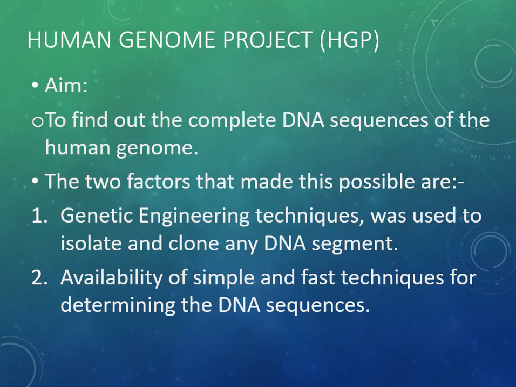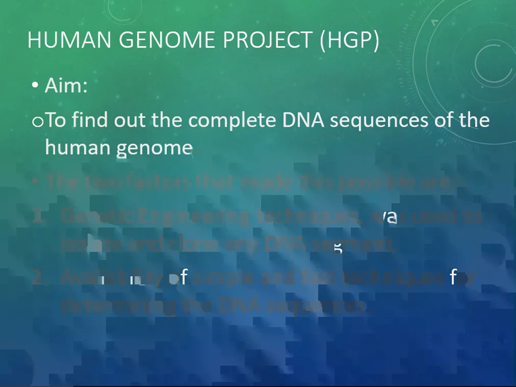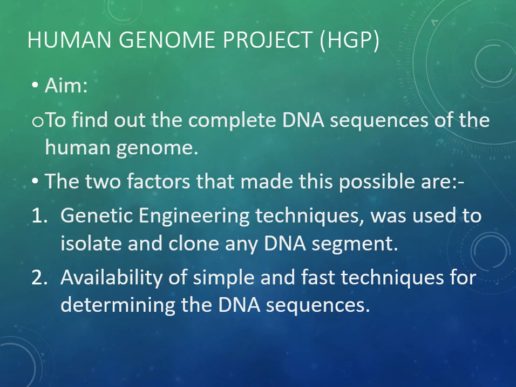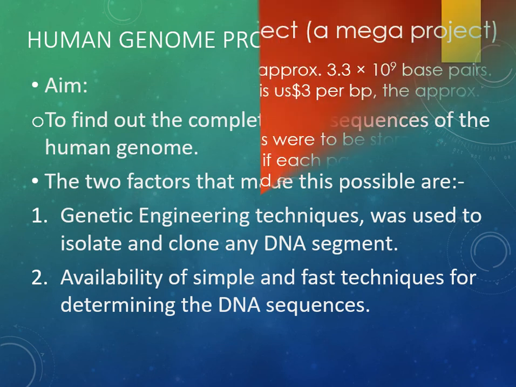The two factors that made this possible are, first, genetic engineering techniques, with which it was possible to isolate and clone any segment of DNA. And second, availability of simple and fast techniques for determining the DNA sequences.